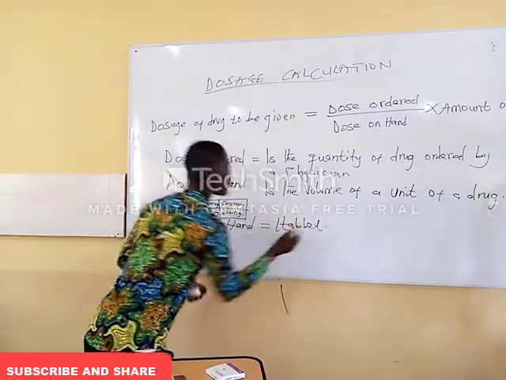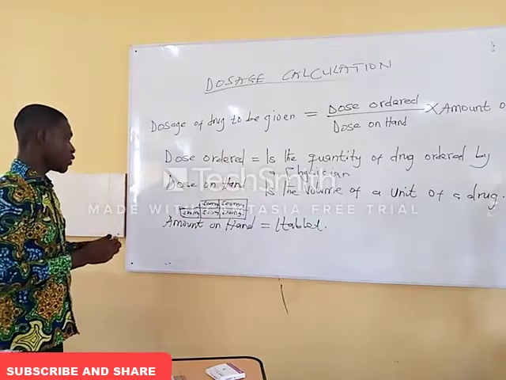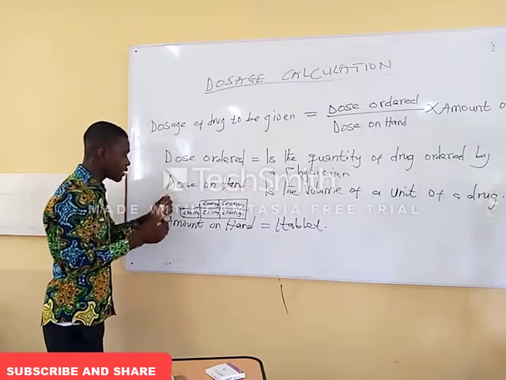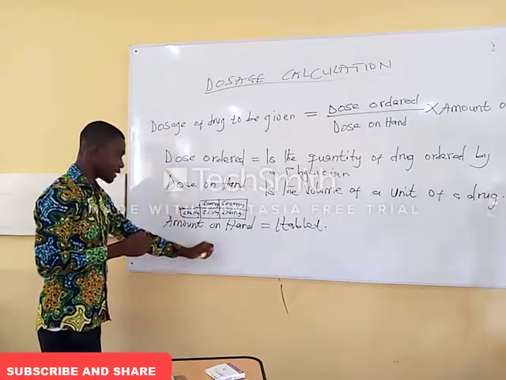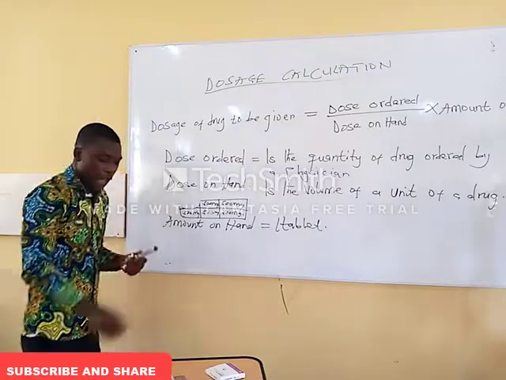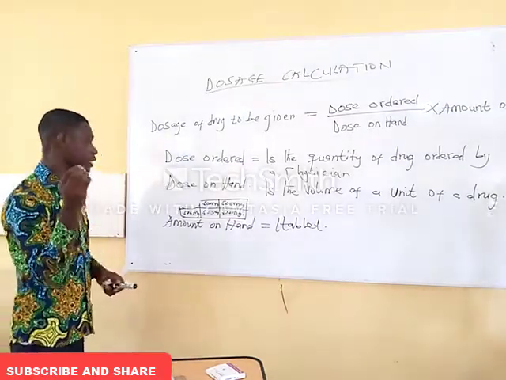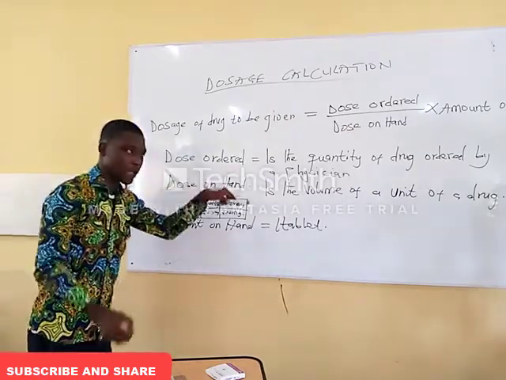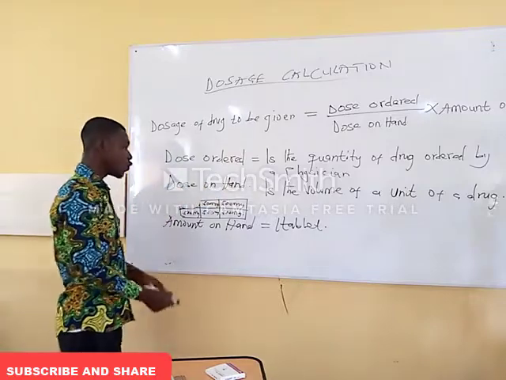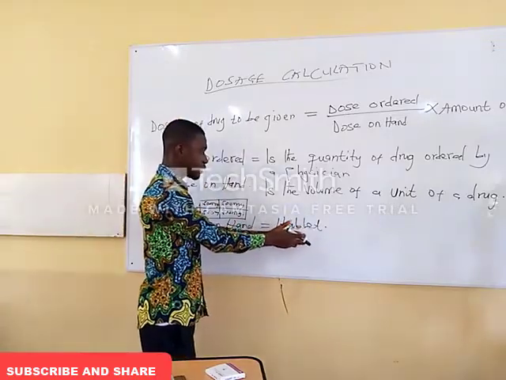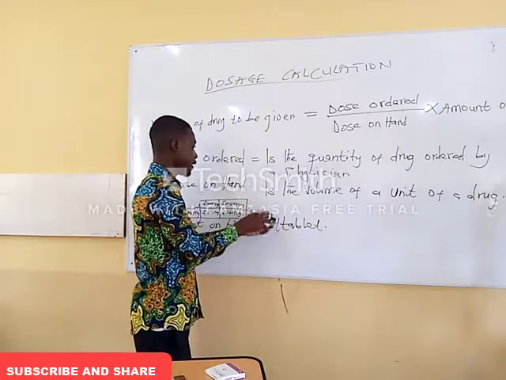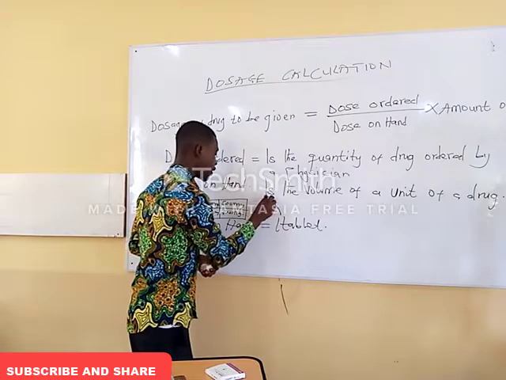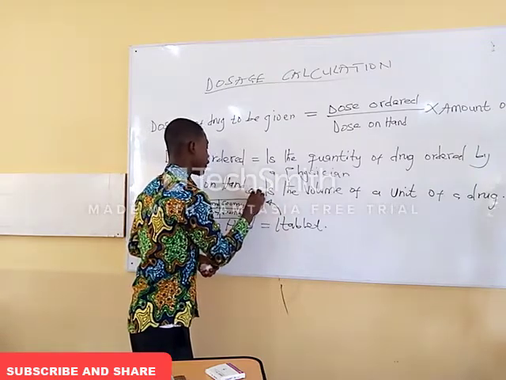And the volume of the amount on hand, the one that I have taken, becomes the dose on hand. As I took this 1 tablet, the dose on hand is 500 milligram.